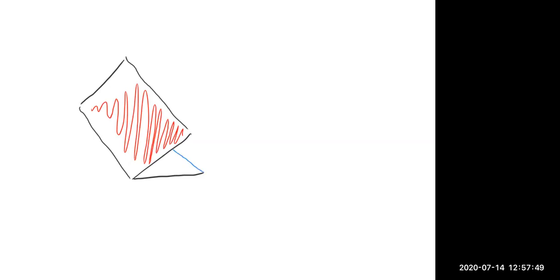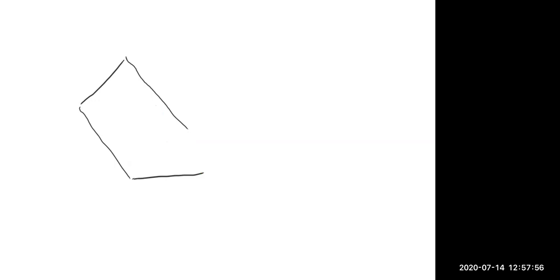Maybe I shouldn't color them, it would just make things harder to see. And I have a blue plane that would continue, right? I want to find this angle theta between these two planes. I want to find the angle between planes.